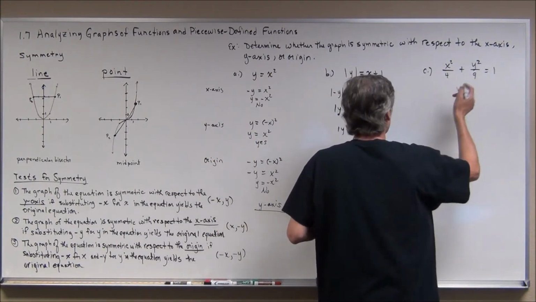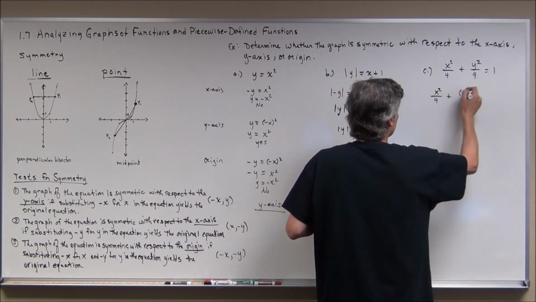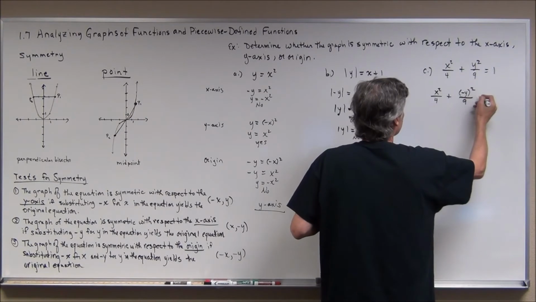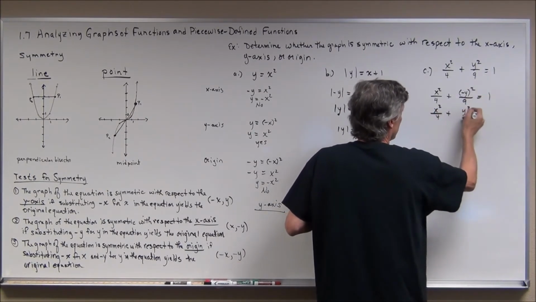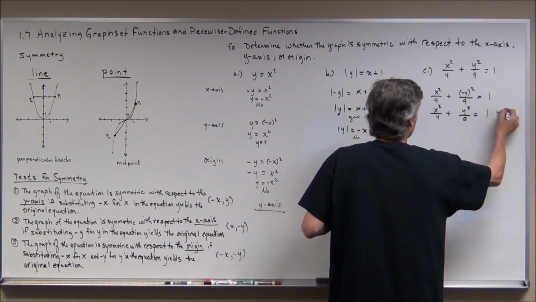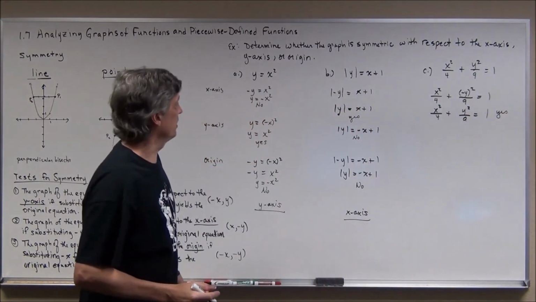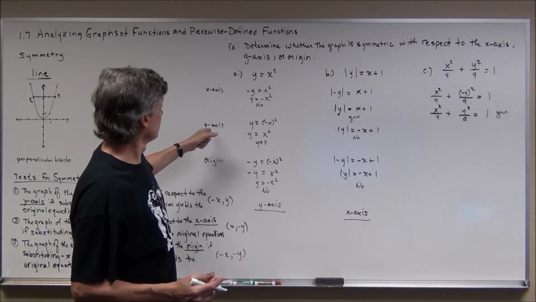I'm going to plug in the opposite of y in for y. And we know that the opposite of y squared is the same as y squared. And look, I get right back to the original, so yes, this one does. This one is symmetric to the x-axis. And as I mentioned, it's not a function.